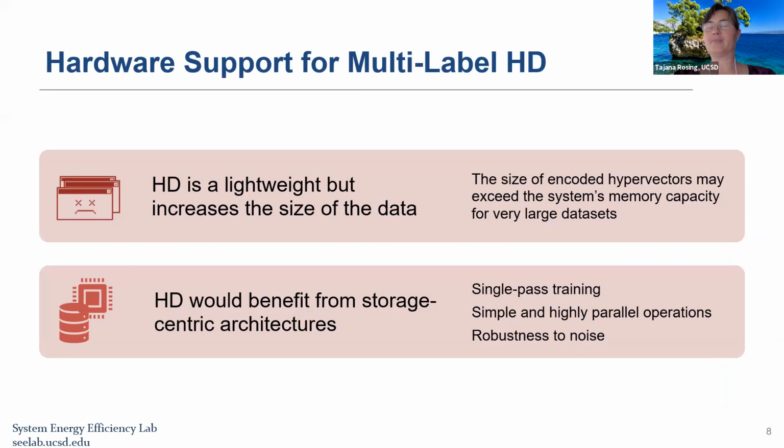On the bright side, because of its ability to do encoding, training, and inference in hardware, we can leverage storage-centric architectures to dramatically accelerate it. And furthermore, we could also loosen some of the requirements of in-memory and in-storage computing being always 100% accurate, because as you saw earlier, HD is very robust to any kind of bit error.